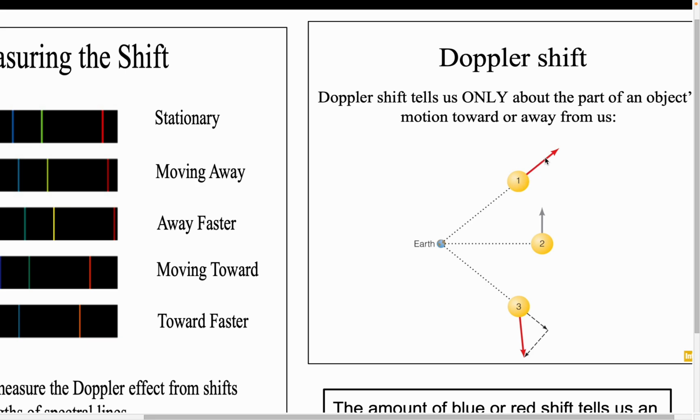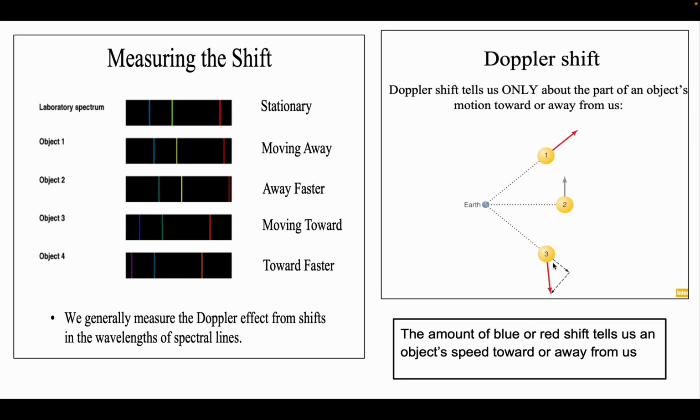But if you have an object going in a different direction, not along the line joining that object and the Earth, at some angle theta, you can detect only the cos theta part of it, the Doppler shift along this direction.